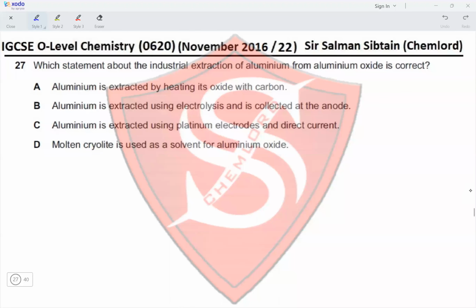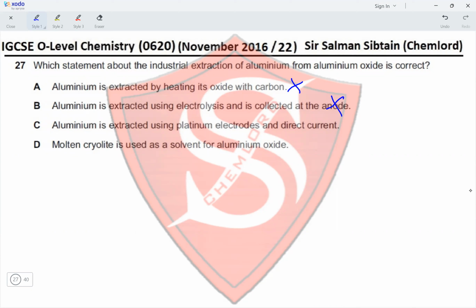Question 27. Which statement about the industrial extraction of aluminum from aluminum oxide is correct? Aluminum is extracted by heating its oxide with carbon? No. By the electrolysis of aluminum oxide dissolved in cryolite. Aluminum is extracted using electrolysis and is collected at the anode. It is extracted using electrolysis but is not collected at the anode, it is collected at the cathode.